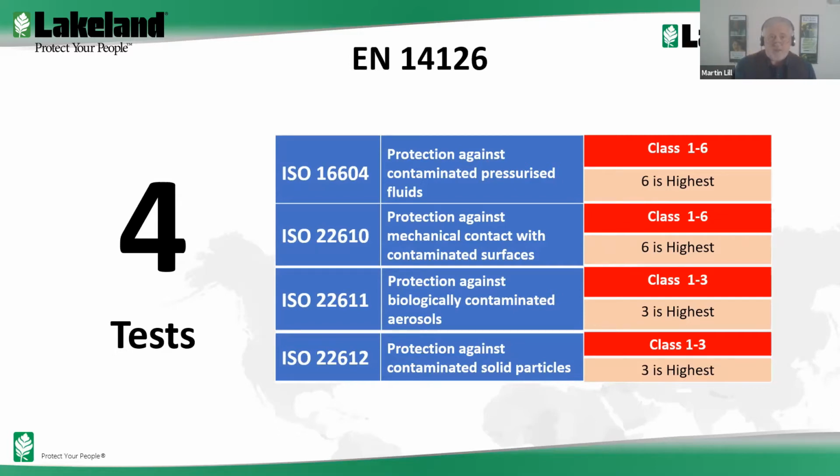At the bottom there, we won't go through them all, but you can see 22612 is protection against contaminated solid particles. So you've got 4 different tests that identify the resistance against penetration of different types of contaminants. And the results of each are classified 1 to 6 or 1 to 3.